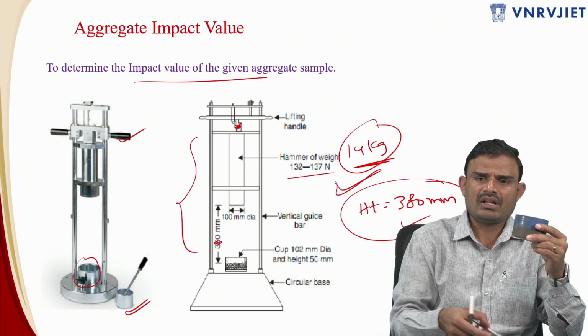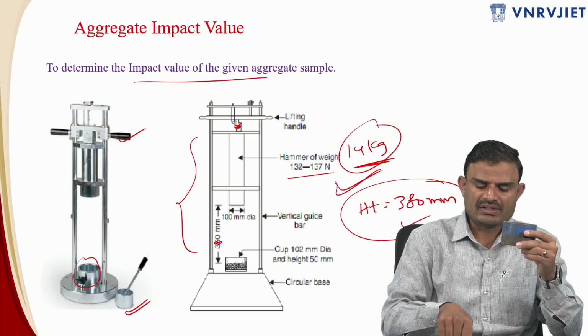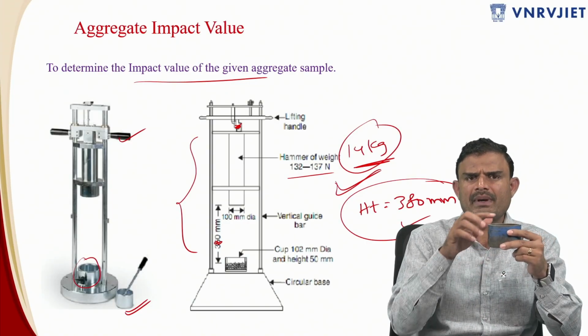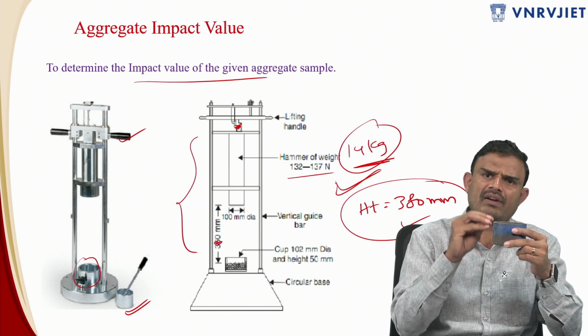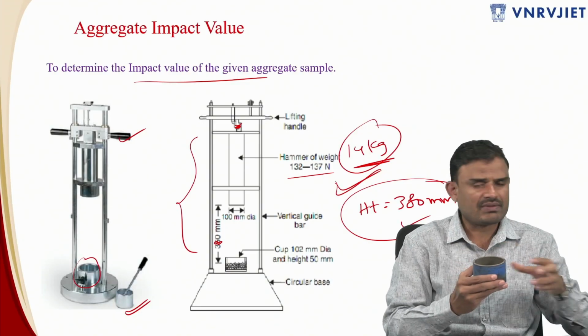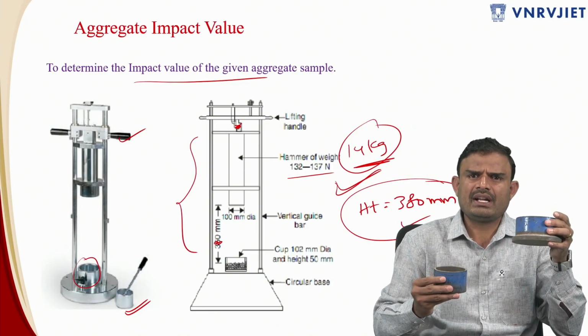The cylindrical measure is 50 mm in height and 75 mm in diameter. You fill the aggregate in 3 layers, compact with 25 blows, and after that you transfer it to the cylindrical mold, because this is a little smaller compared to that of the aggregate crushing value test.